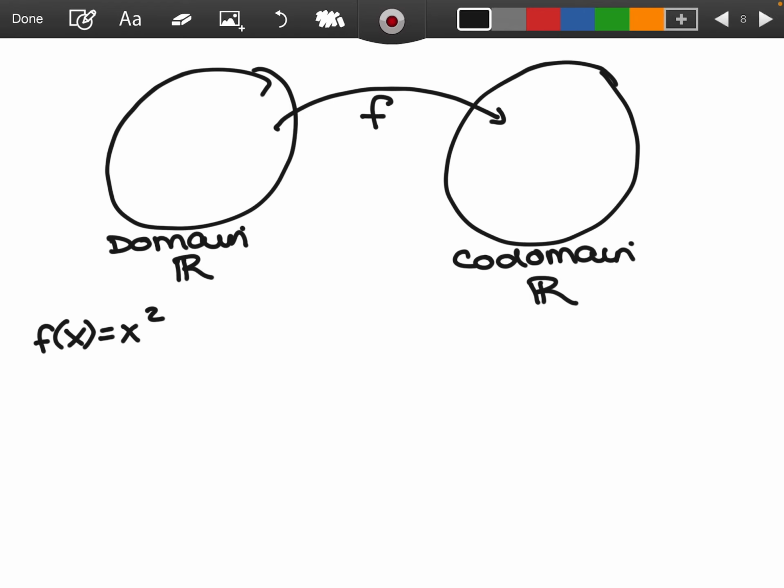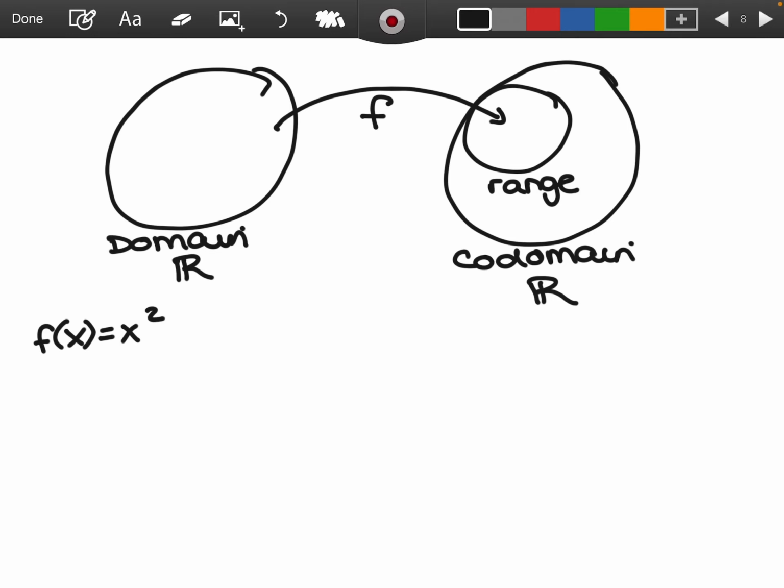So a function for the most part is going to map for any polynomial from the real numbers to the real numbers. Now, the range is just a subset of your codomain. It's just a subset of your codomain, and it is actually the list of values that you actually map to.